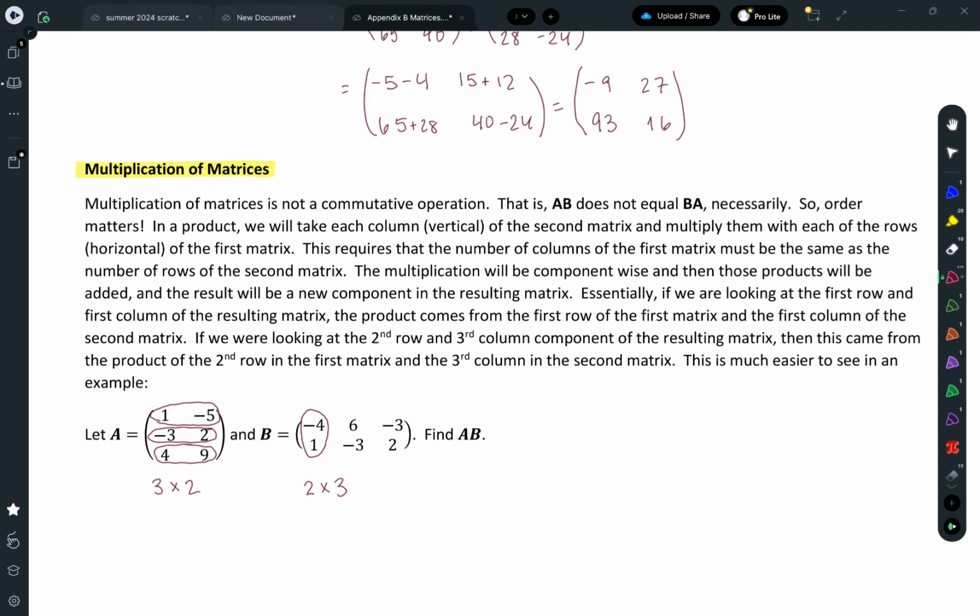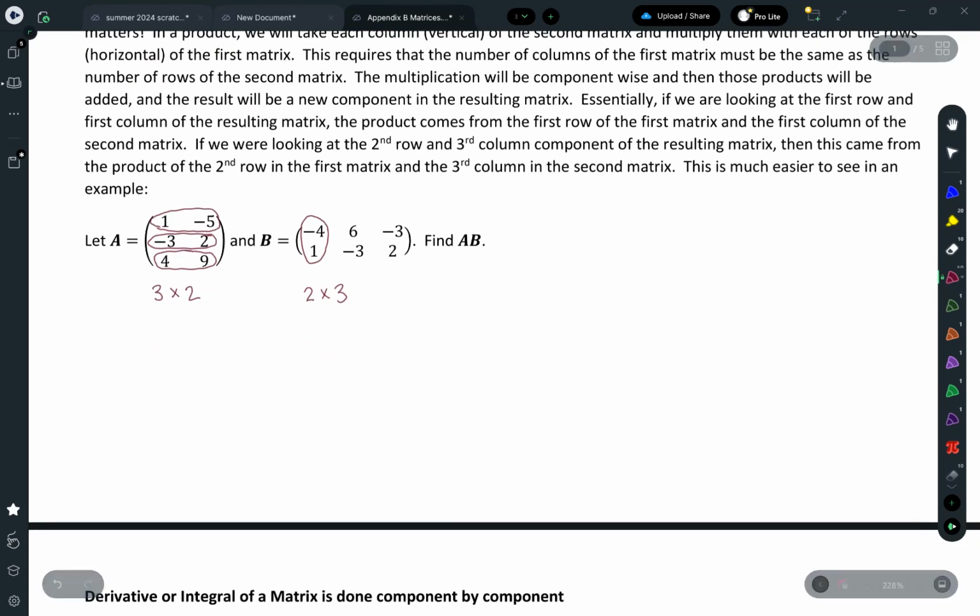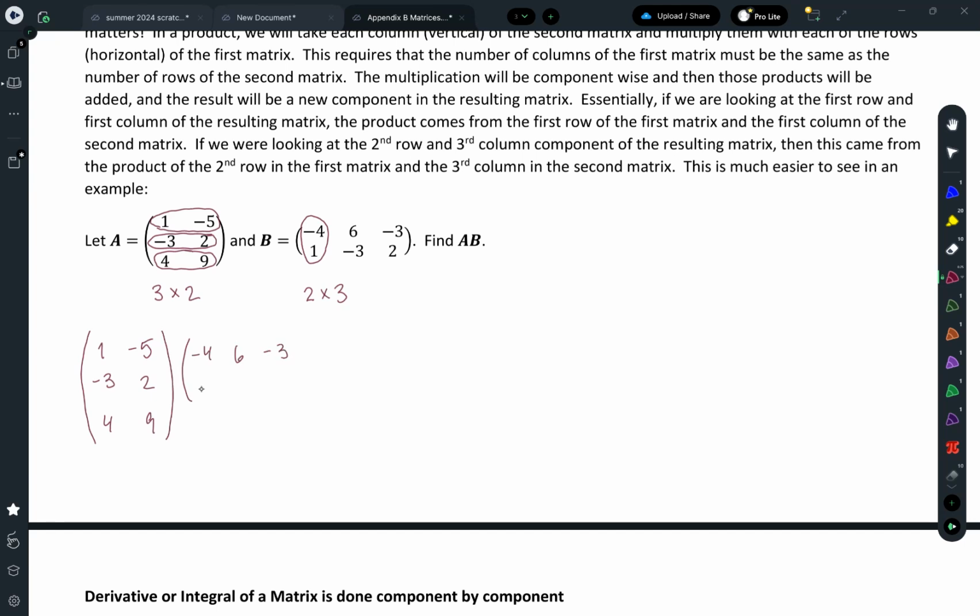This is much easier to see in an example, so let's go ahead and work through this. In this one, we already know the sizes are good. Okay, so we're going to do the multiplication. We've got 1, -5, -3, 2, 4, 9 times -4, 6, -3, 1, -3, 2.